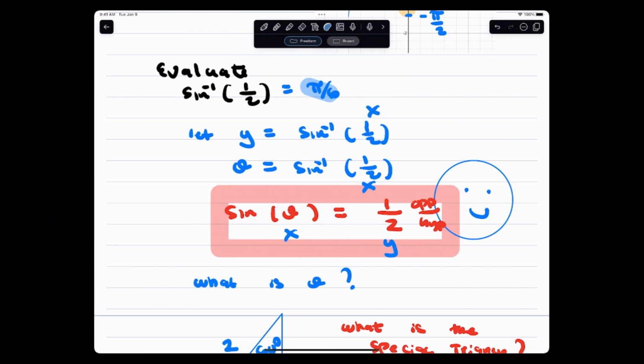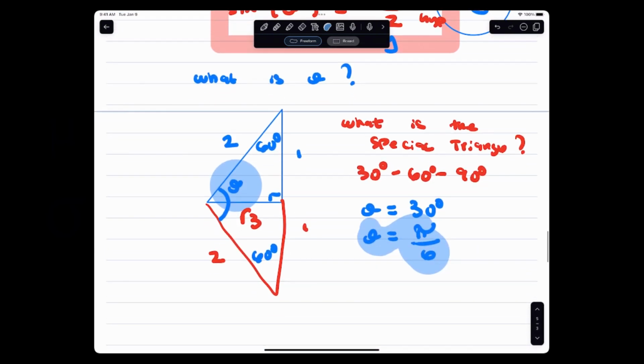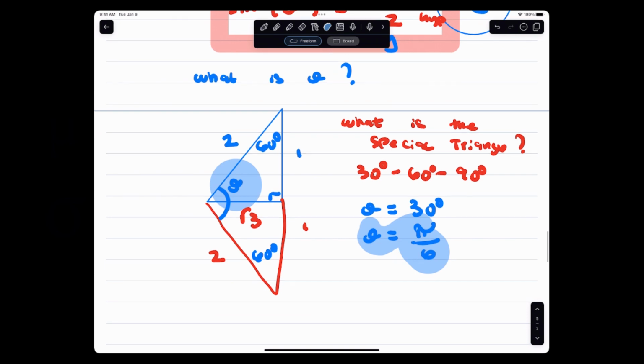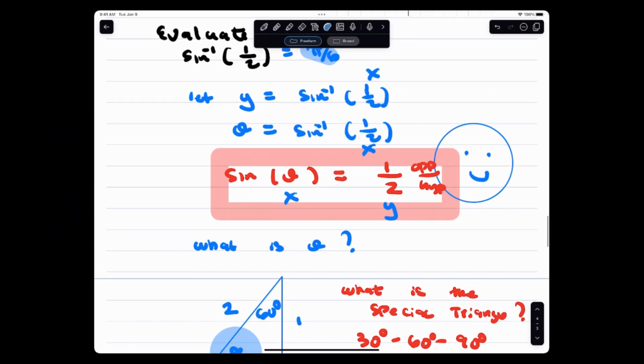There it is. What is theta? It's pi over 6. Easy peasy.